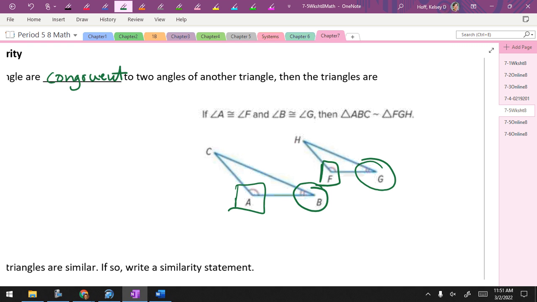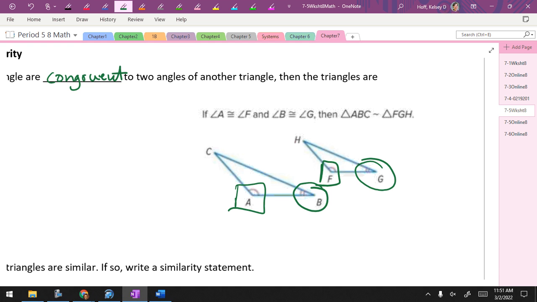How can you guarantee me C and H are equal? Lane? But that tells us that we don't know anything about them. Good observation. Gabriel?